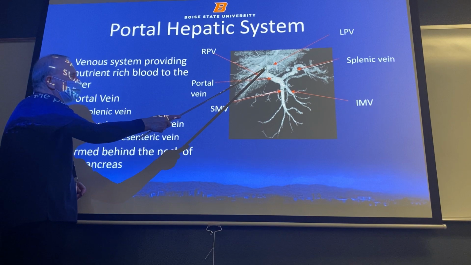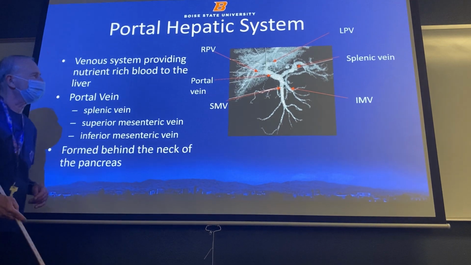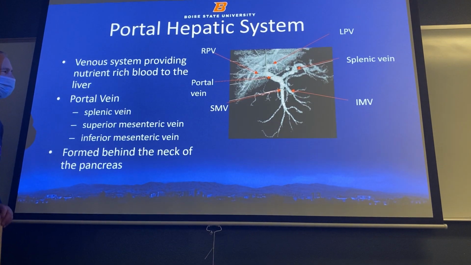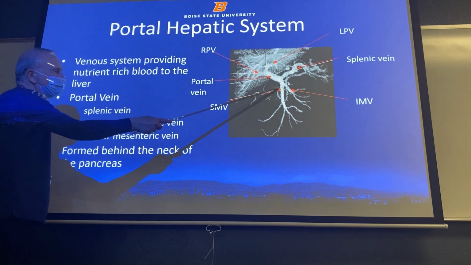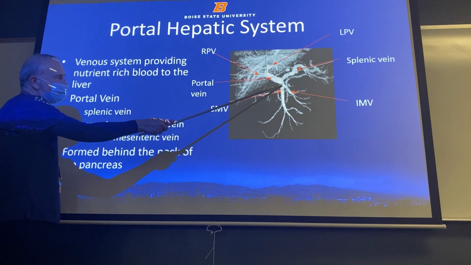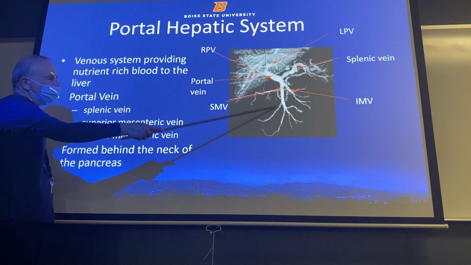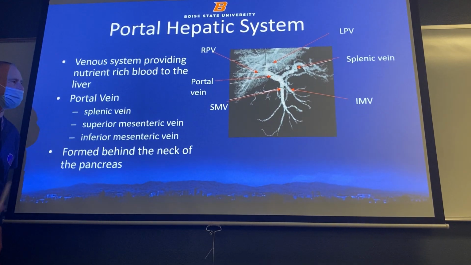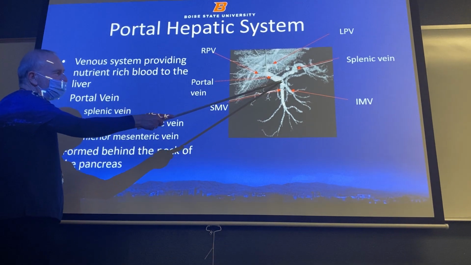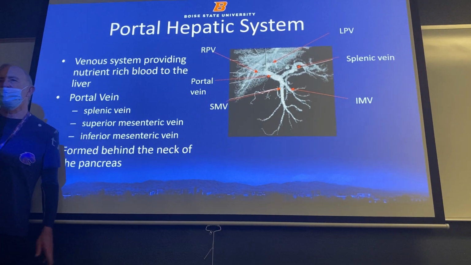Once it goes into the porta hepatis, you're going to have the left and the right portal vein emerging. What you can appreciate is that the SMV basically collects blood from one half of the large intestine and the majority of the small intestine. So when you get any kind of thrombus formation in this area, patients don't do well.